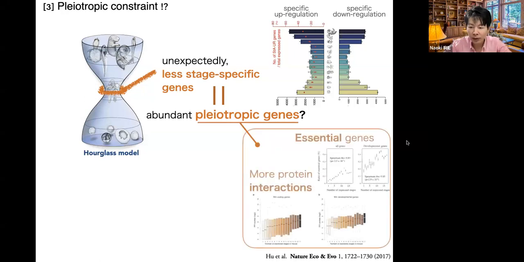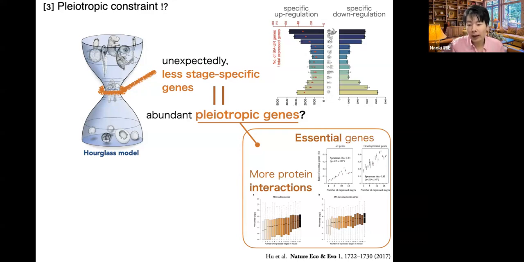And actually, we looked for features of these pleiotropic genes that are expressed in a variety of tissues and developmental stages. When they have mutations, they tend to die. And if they are expressed in more stages, mutations tend to be more lethal.